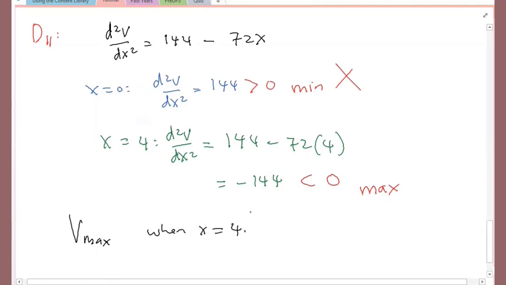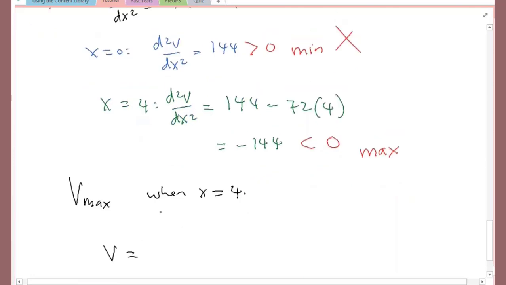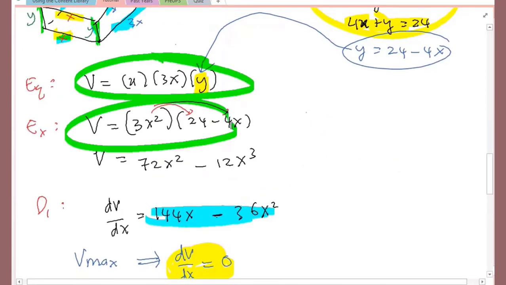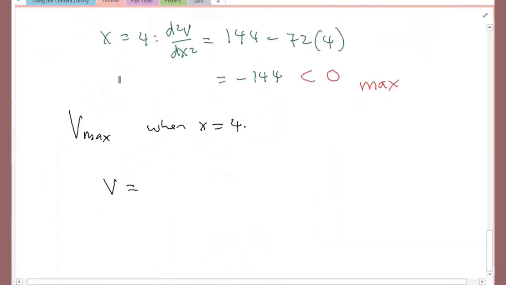So the question is to find the maximum volume. The volume formula, you can take this one, or this one. I prefer the first one. And then y is equal to 24 minus 4x. Let's do it one by one. What was it? x, 3x, y.